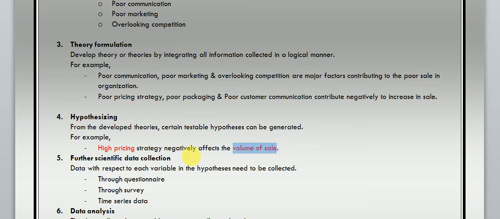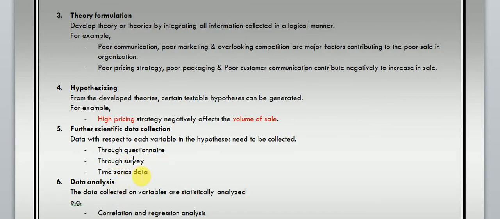You collect the periodic and time series data on both of them, and then you check the correlation, or whatever other method of data collection, whether primary or secondary. So in this step, which is scientific data collection, we are collecting data on these two variables.